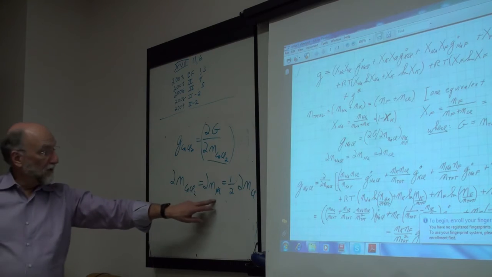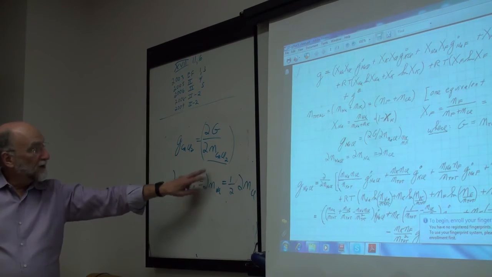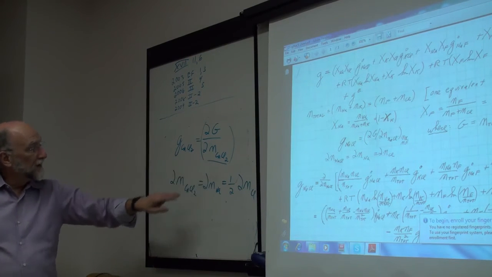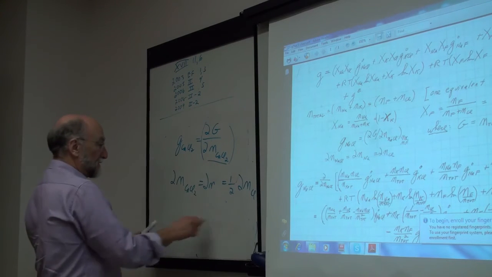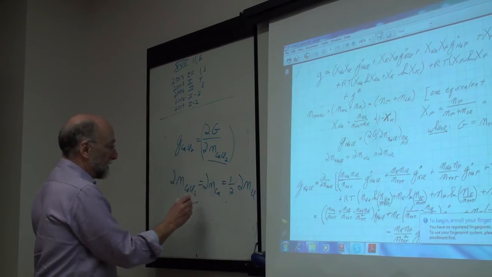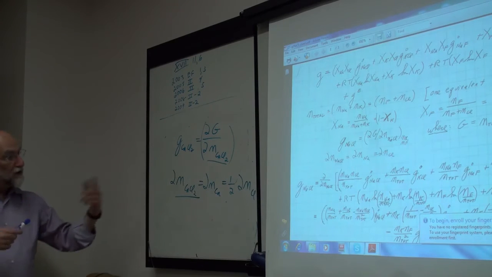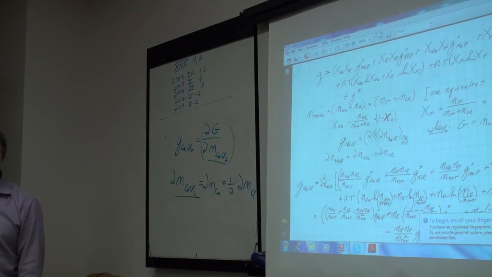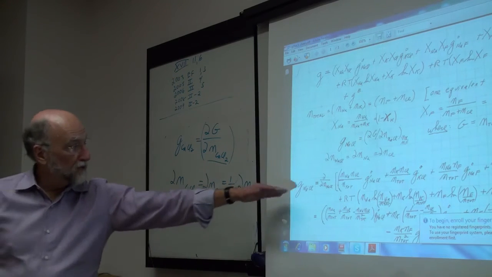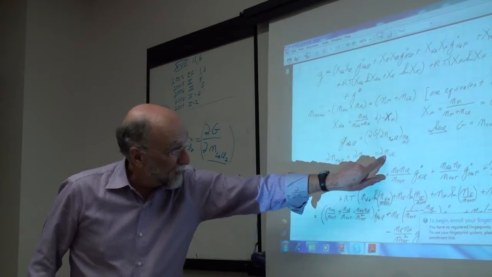Every time you add a calcium chloride, you're adding 1 mole of calcium, dN calcium. So the number of moles of calcium chloride which you're adding is equal to the number of moles of calcium and 1/2 the number of moles of chlorine that you're adding. So when you do the substitution, there's going to be a 1/2 here.